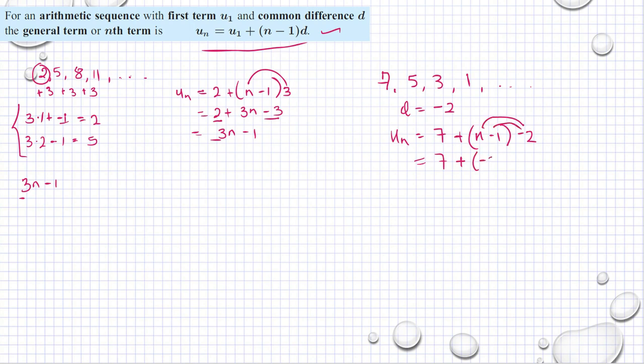We have negative 2n plus 2, and we have negative 2n plus 9, like what we did before in my previous video. So this is a good way to find the general term, and this is what I'm going to use in the examples that we're going to discuss.